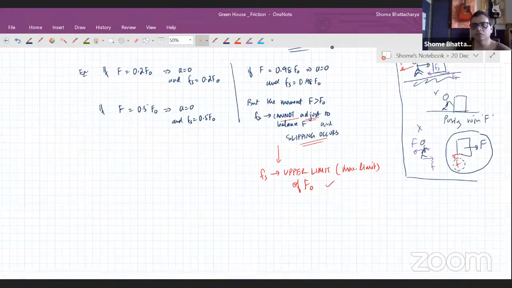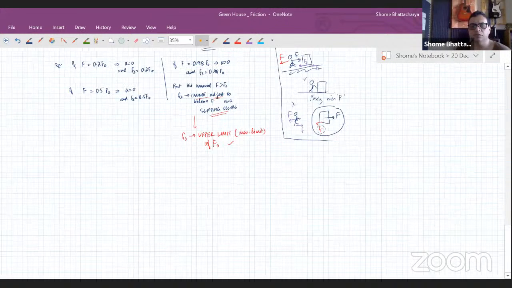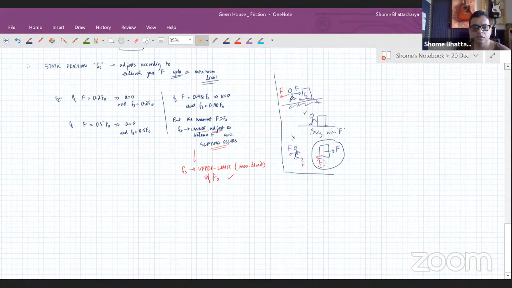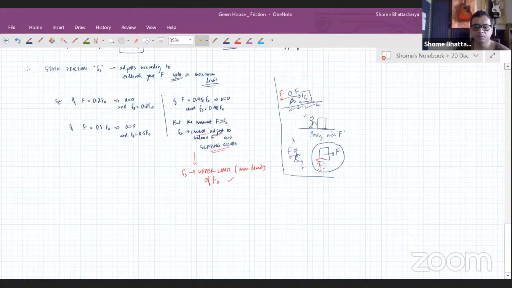Right. So now scroll up a bit. All right. So just analyze this whole thing once more. Then we will come back to the discussion about the limiting value of static friction or upper limit of static friction.